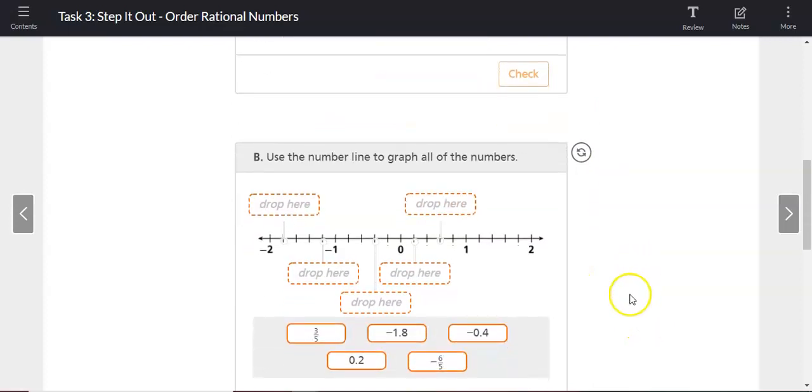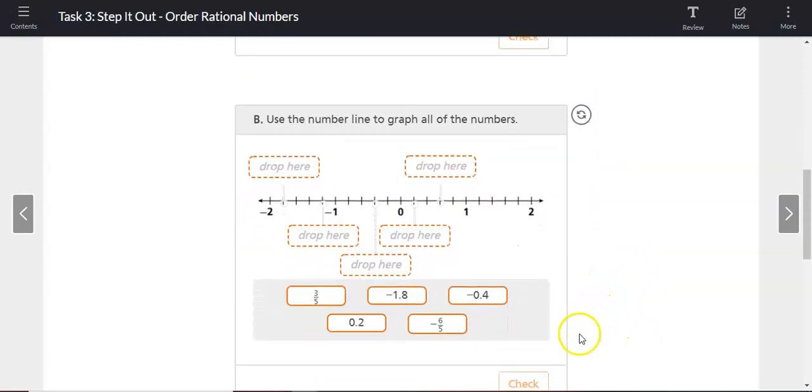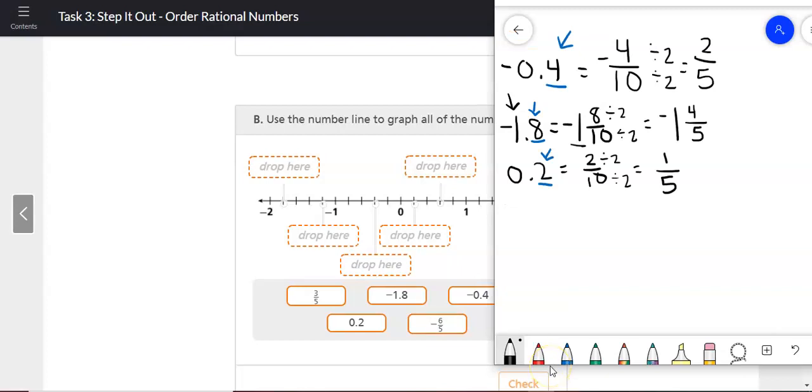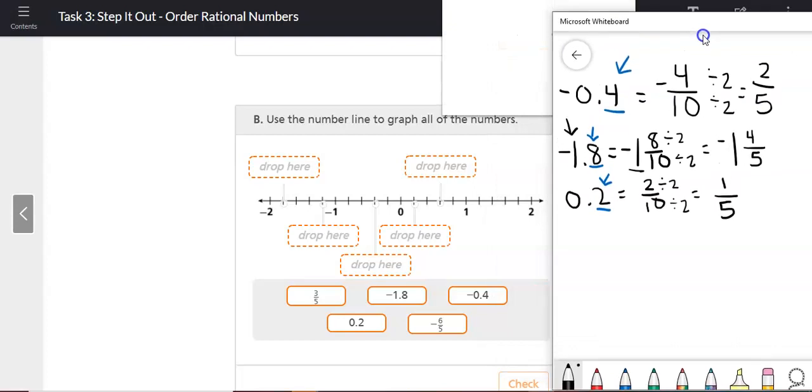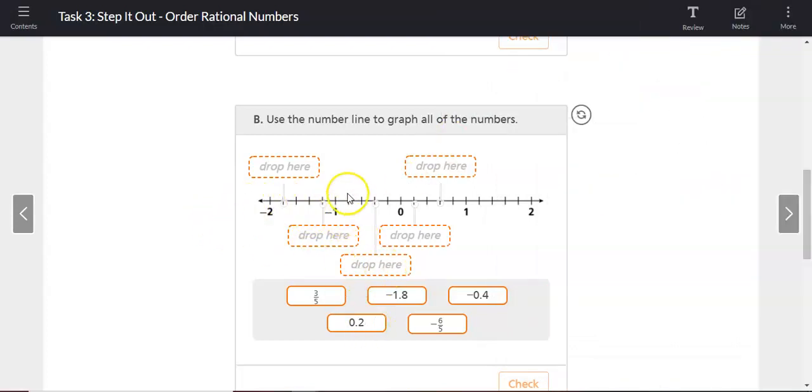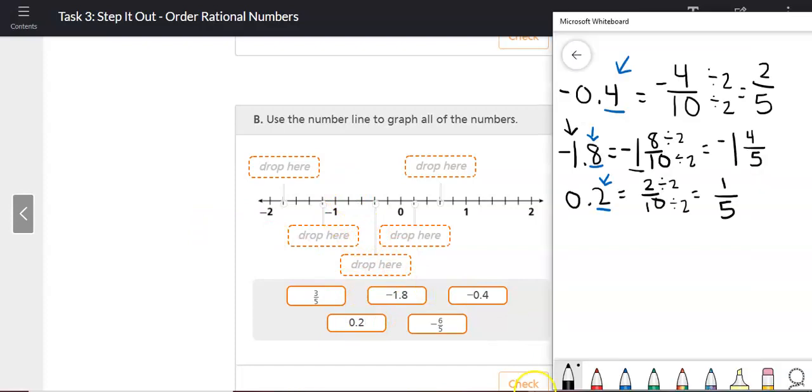We're going to use the number line to graph all of the numbers. So our first one, we're going to look at what this could possibly be over here. Let me get my work back up. Sorry about that. So I have -1.